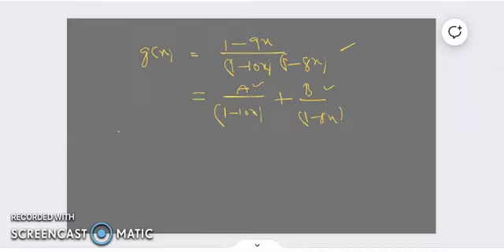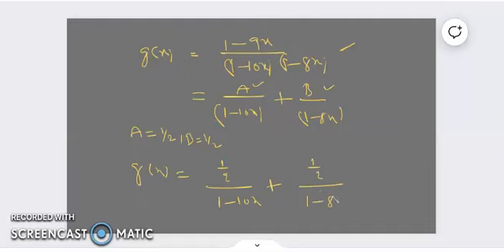So we know about the partial fraction problems. After using the partial fraction method, we have the values of a equals to 1 by 2 and b equals to 1 by 2. Now g of x can be rewritten as 1 by 2 by 1 minus 10x plus 1 by 2 by 1 minus 8x.